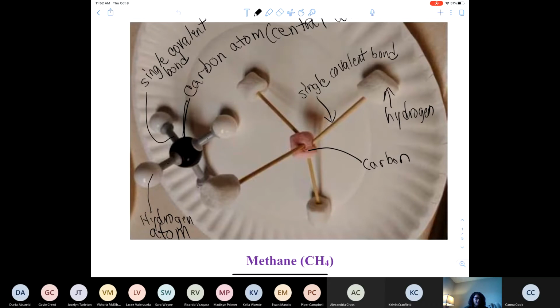You can either draw it as the ball and stick model or the toothpick model, it doesn't matter. They represent the same thing.